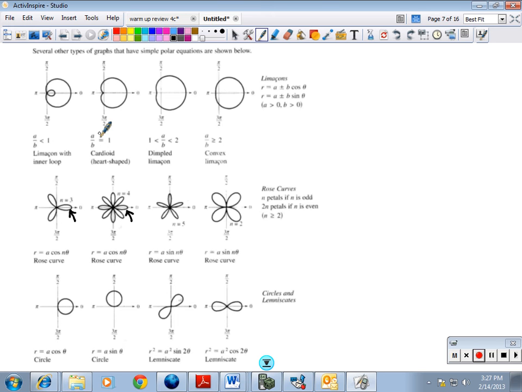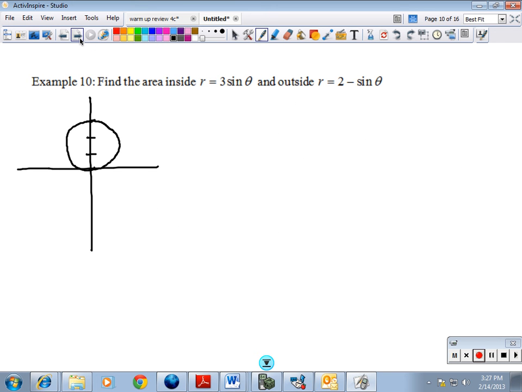It looks like this, a convex limaçon. I do not have my limaçons memorized. I need to have them, but I don't.